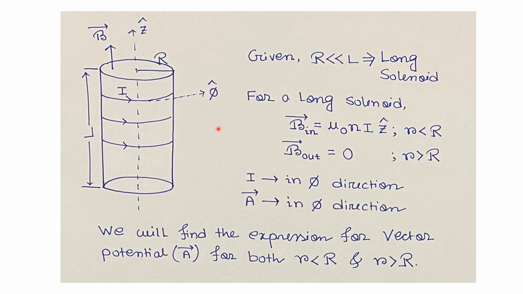And in the outside region of the solenoid, the magnetic field will be 0. Now current is along the phi cap direction, so eventually the vector potential will also be along the phi cap direction. We have to find the vector potential, so basically the expression for vector potential both inside the solenoid and outside the solenoid.